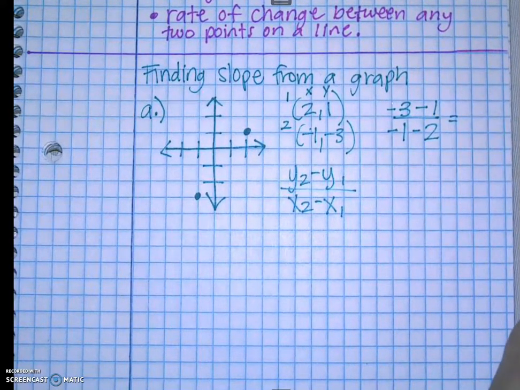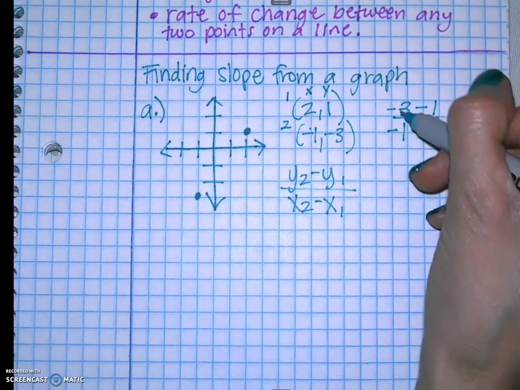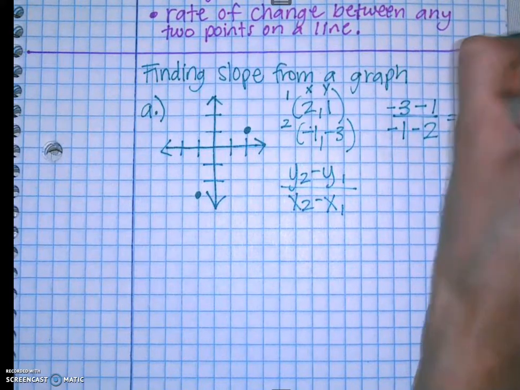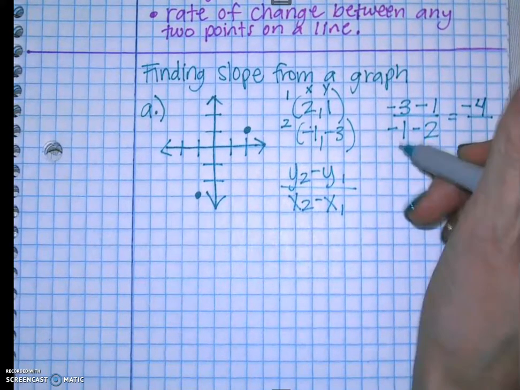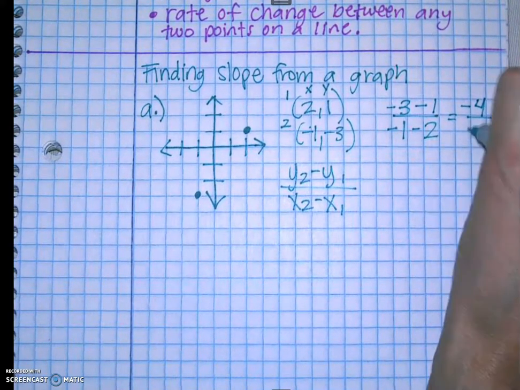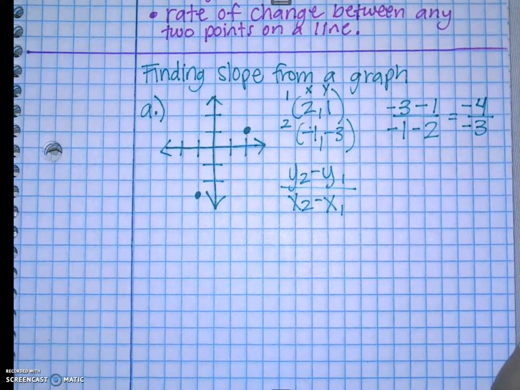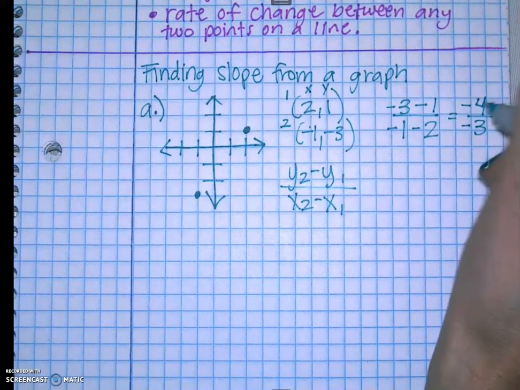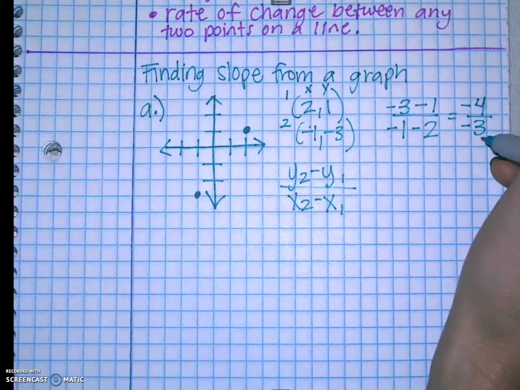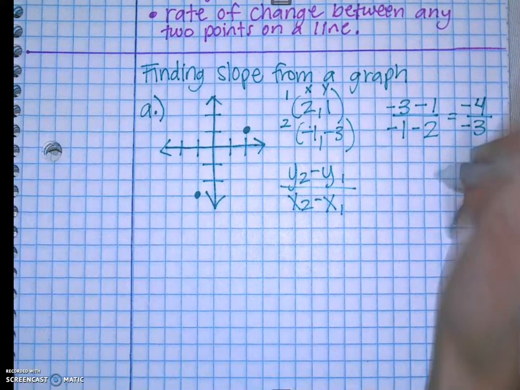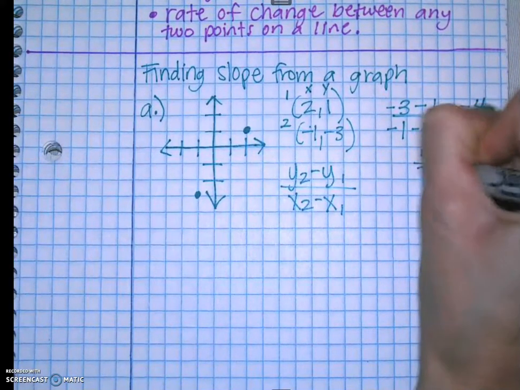Okay? So then, -3 minus 1, that's -4, and -1 minus 2 would be -3. And then, if you remember, negative divided by a negative is a positive, so your answer would be 4/3.